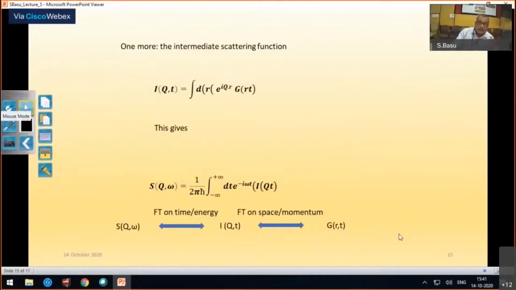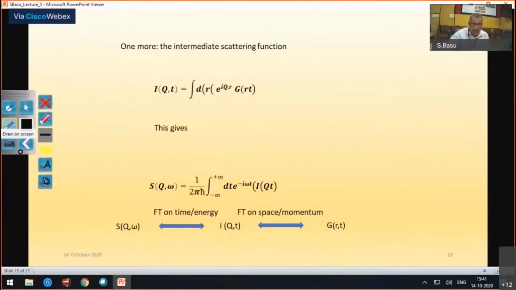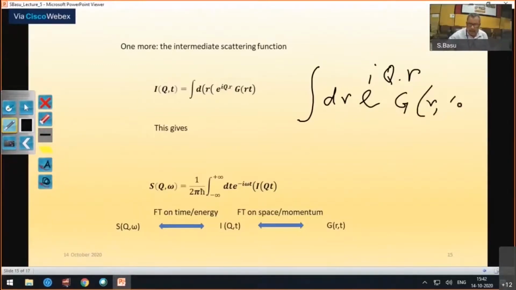So I will introduce one more step, because the double Fourier transform I'll break up into two parts, two Fourier steps. One is that I define an I of q t, which is dr e to the power i q dot r g of r comma t.